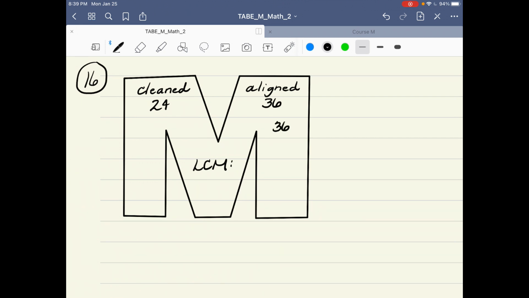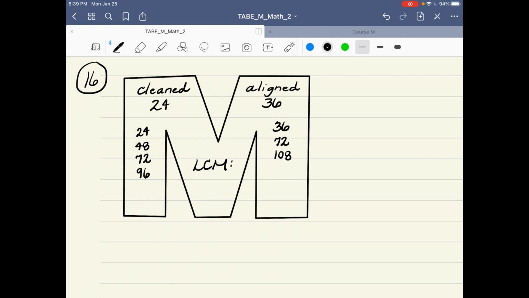If you need scrap paper or a calculator, whatever helps you here, that's fine. But I'm going to list the multiples of 36. So I have 36 times 1, 36 times 2, 36 times 3. And let's see if we can get a match. If not, I'll go ahead and keep adding on there. But we have 24, 48, 72.